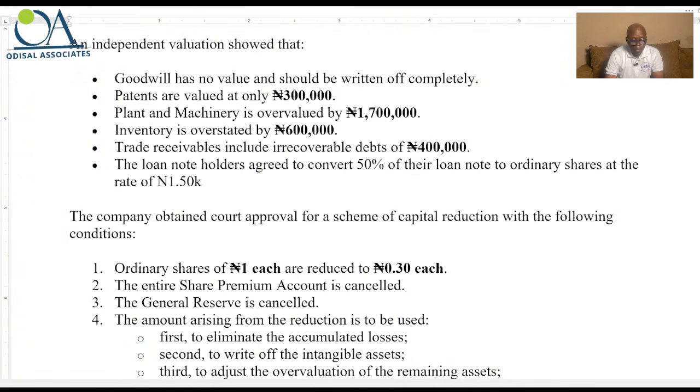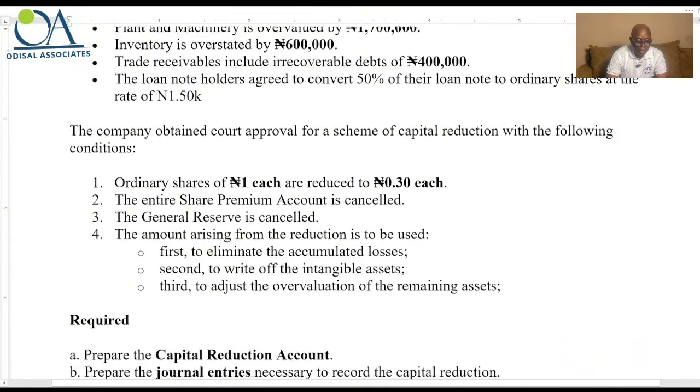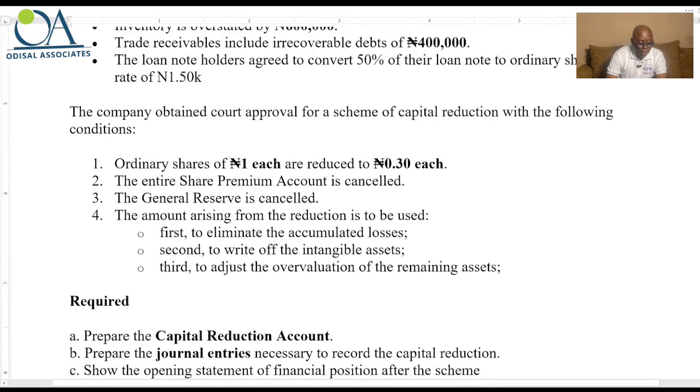The entire share premium account is cancelled. The general reserve is cancelled. The amount arising from the reduction is to be used first to eliminate the accumulated losses. Second, to write off the intangible assets. And then third, to adjust the overvaluation of the remaining assets.